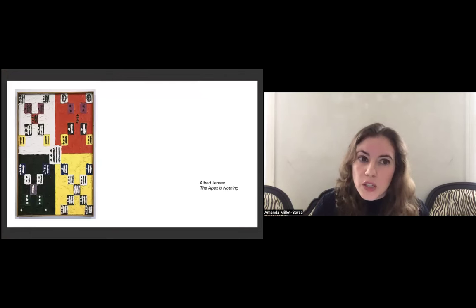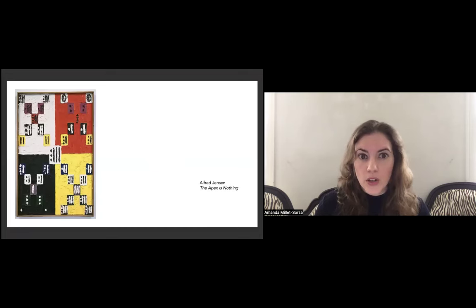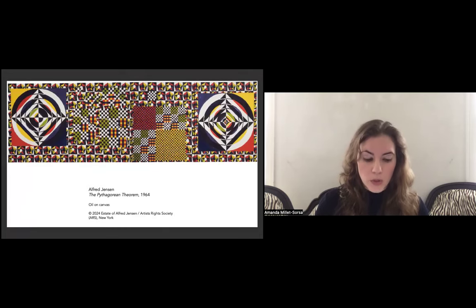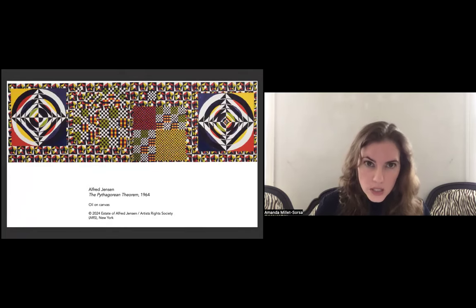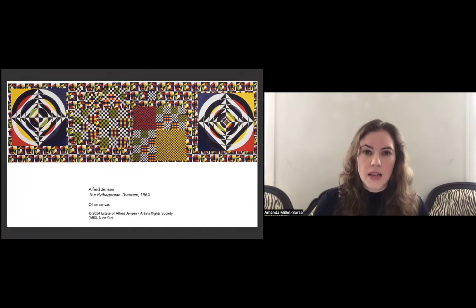The Pythagoras theorem, which is also the work that we actually have on view in the gallery, is a much larger work. It's almost at mural scale. And it gives us these repeated checkerboards and chessboards and pentagrams, rectangles, circles, triangles that are repeated in different scales.